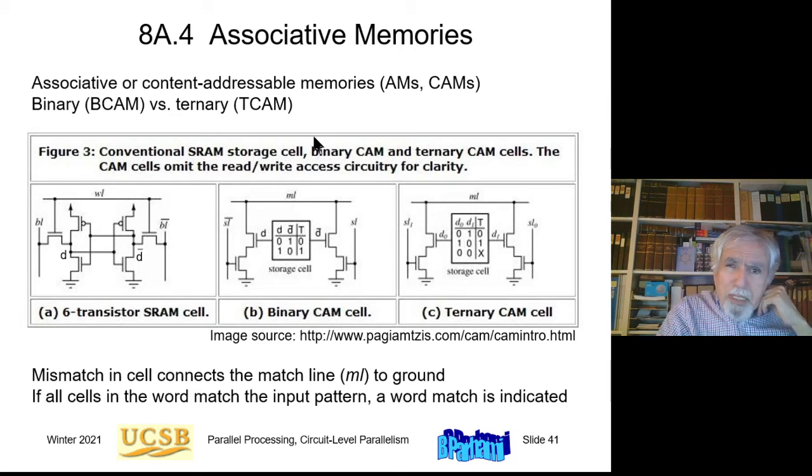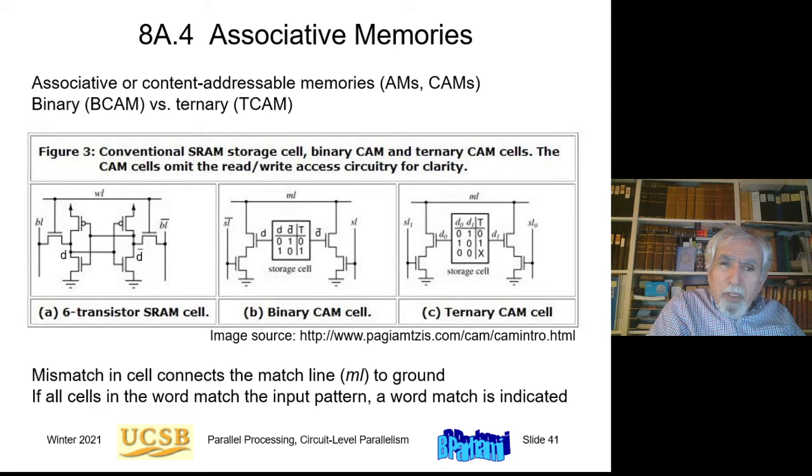So here to explain what CAMs or AMs are, this is basically an SRAM, a 6-transistor SRAM, static random access memory cell. Now SRAM is a faster memory technology than DRAM. Therefore, we use it only when high speed is required, because it's at least 6 times as expensive as DRAM, because a DRAM cell has a single transistor.